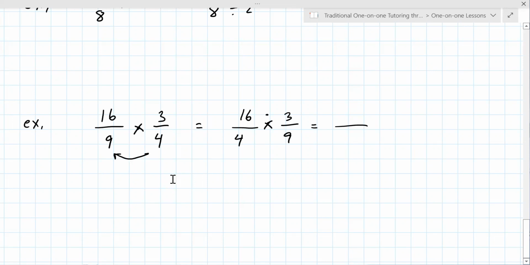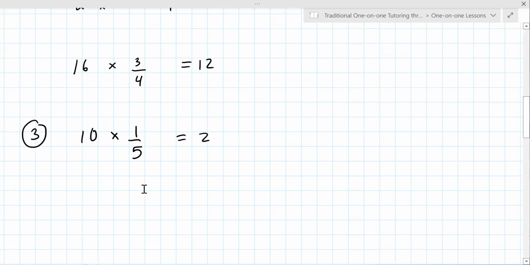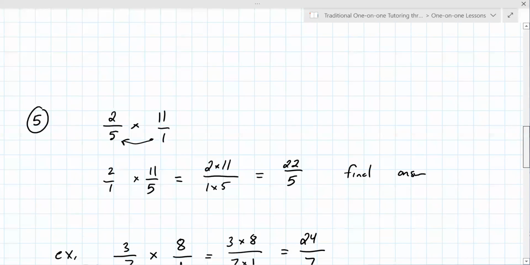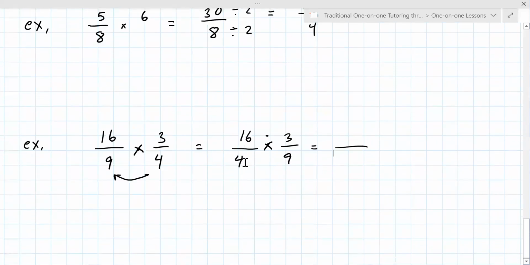We divide by 2. Let's go back and look. Remember how we would switch the order here and put the 7 underneath? And we would divide it and get 2. So that's what I meant, it might be better to divide first.